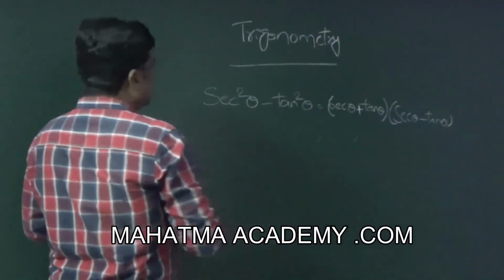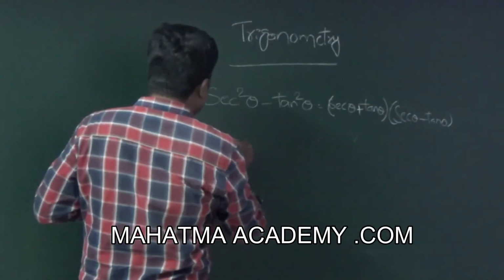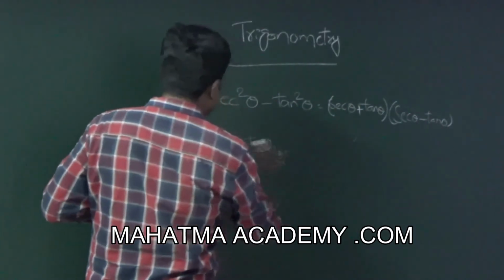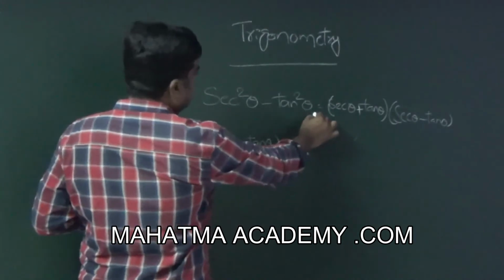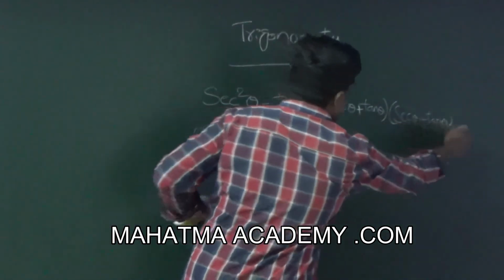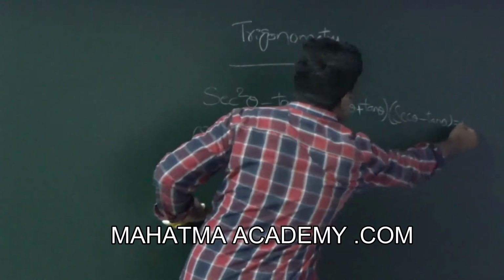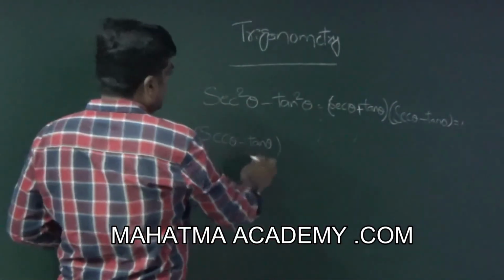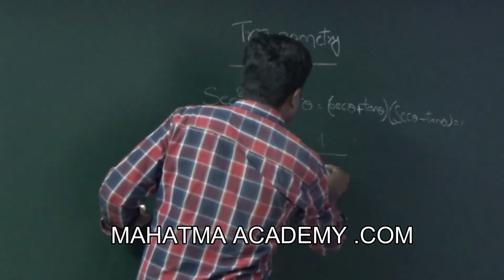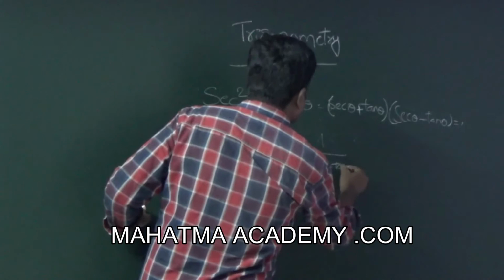Next, what about secant theta minus tan theta? We can write secant square theta minus tan square theta equal to secant theta plus tan theta into secant theta minus tan theta, which is equal to 1. So secant theta minus tan theta equal to 1 upon secant theta plus tan theta.